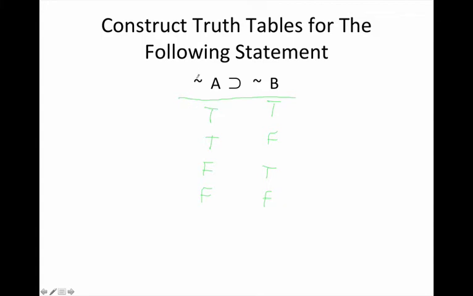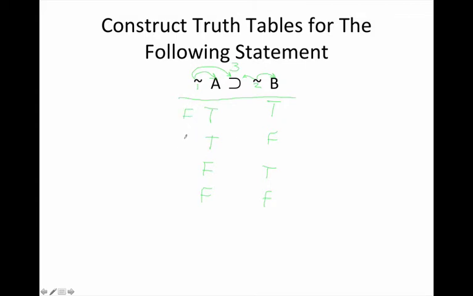This negation covers only A. This negation covers only B. So this horseshoe is the main operator, and that means that I can go left to right, calculate this tilde first, this tilde second, although I could do either one first, it doesn't matter, but I must calculate horseshoe last.